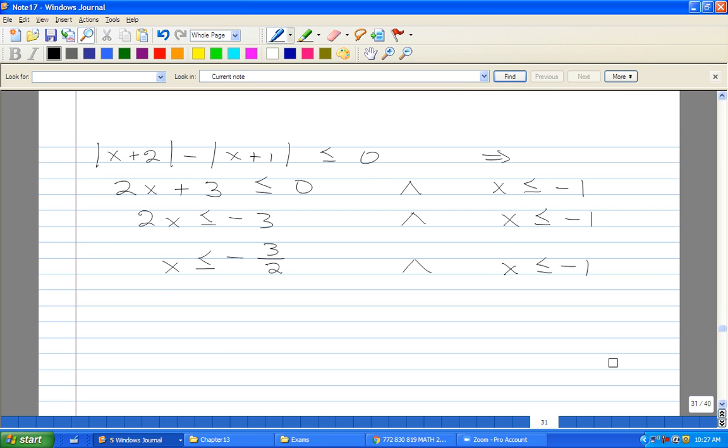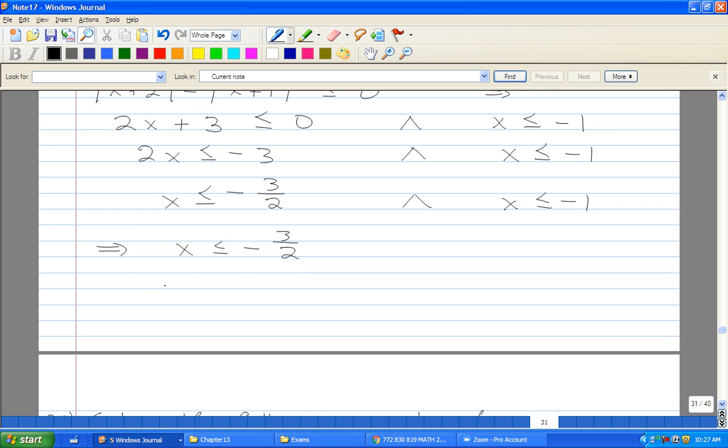So this says here that x is less than or equal to -3/2. And so I want to write this in interval notation. And so this is the closed interval from -infinity to -3/2. And that is your answer.